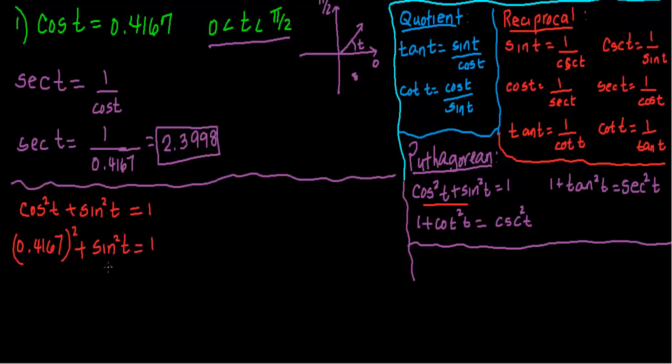Now solving for sine, that would mean subtracting this value from each side. I didn't write down what 0.4167 squared is on my paper, and I don't have a calculator now, so I'm just going to subtract 0.4167 squared on both sides.